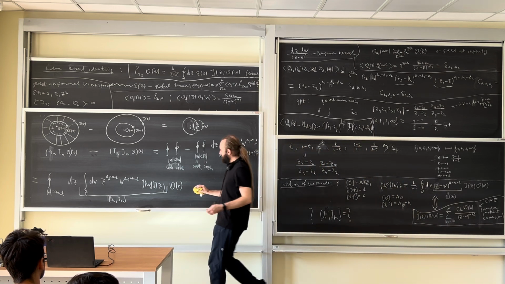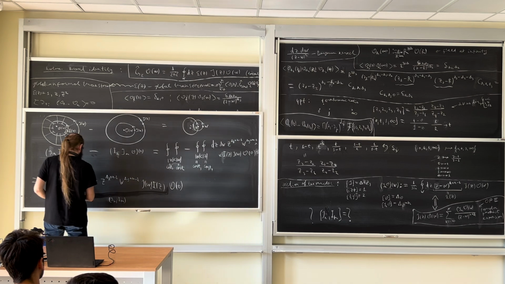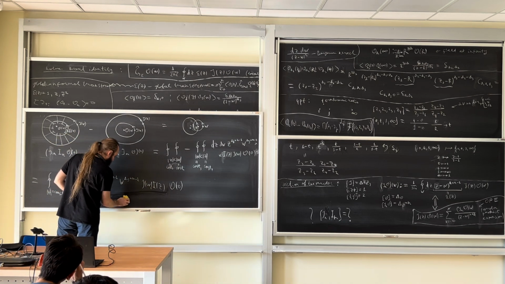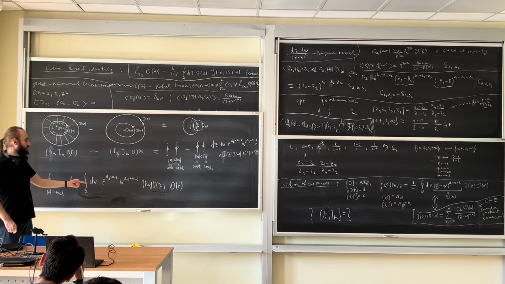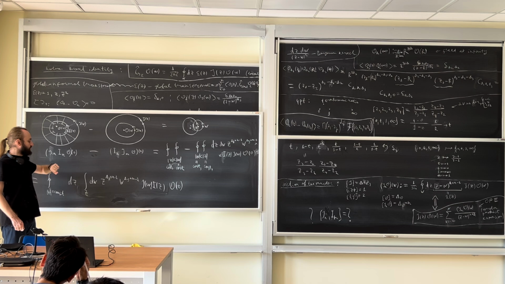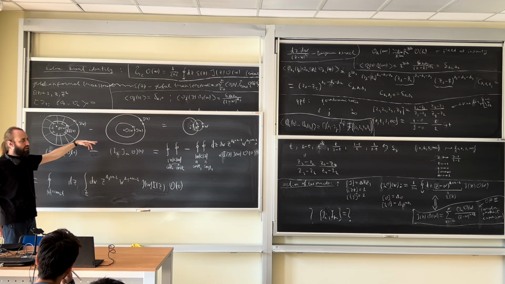I just want to say that this commutator of two actions is expressed in a very similar form to the original action. We have some field that depends on a point z.